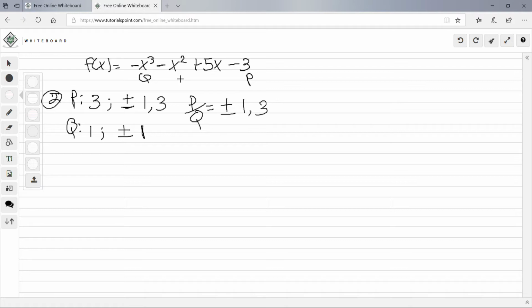Now we got to use synthetic division to figure out which one is our zeros, or which one is one of our x-intercepts. So now I will use synthetic division.